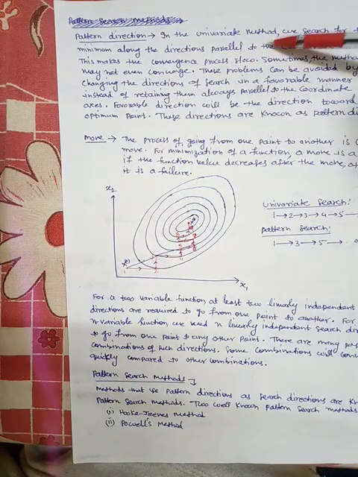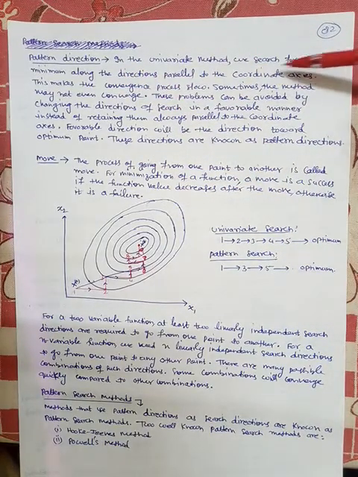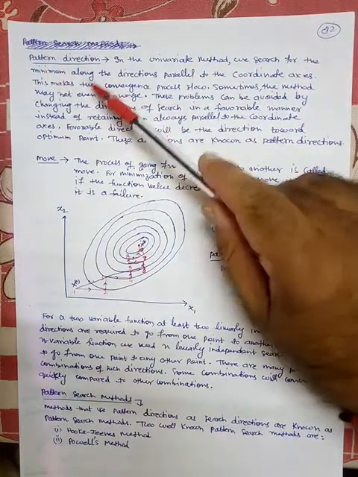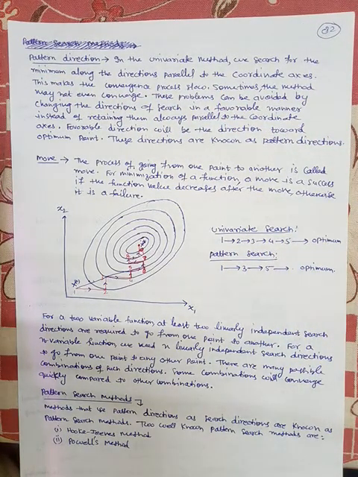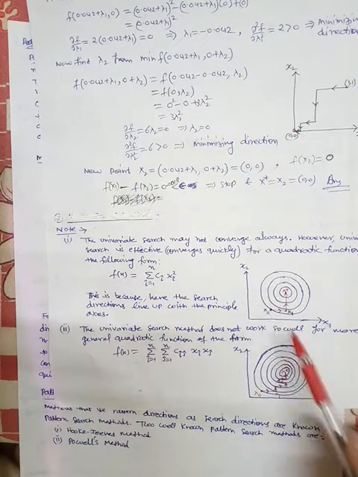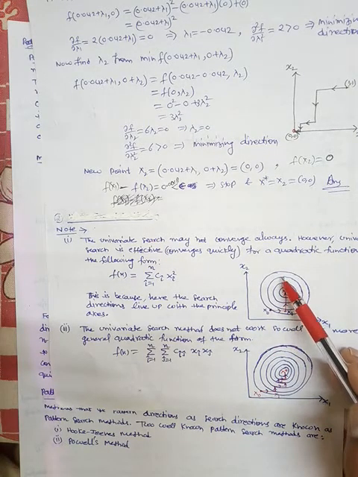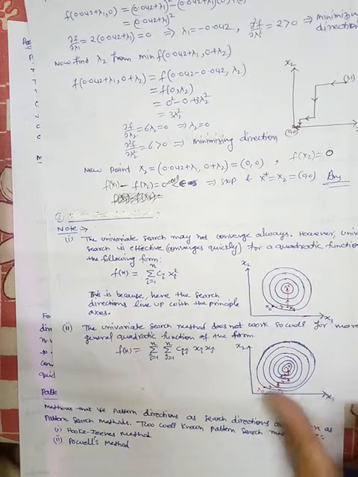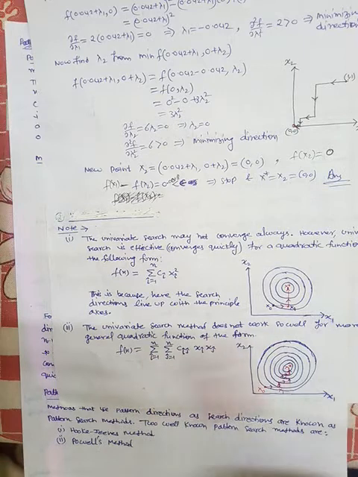In the univariate method, we search for the minimum along the directions parallel to the coordinate axes. If you have seen, we are moving along either the x1 axis or the x2 axis, parallel to the axes. So in the univariate method we are basically moving along the x1 axis, x2 axis and so on.